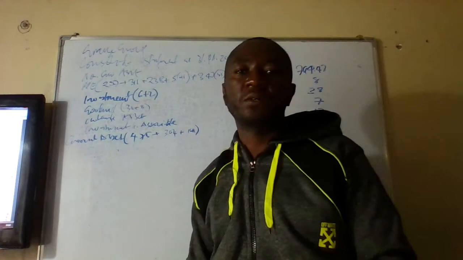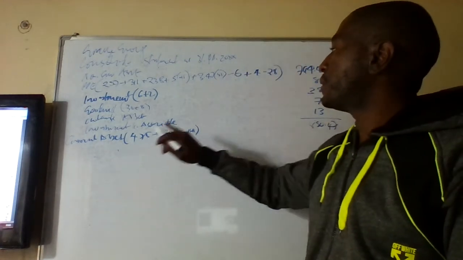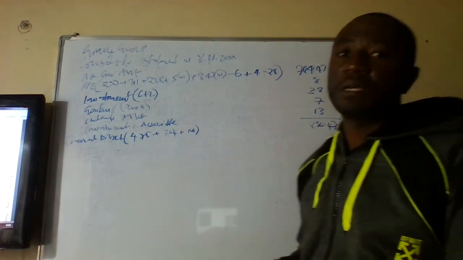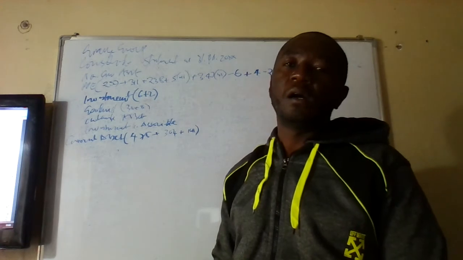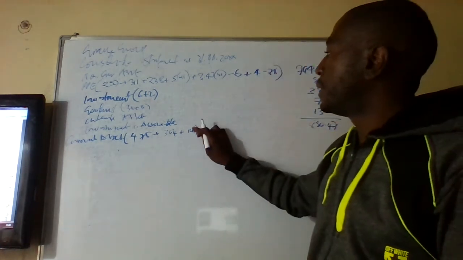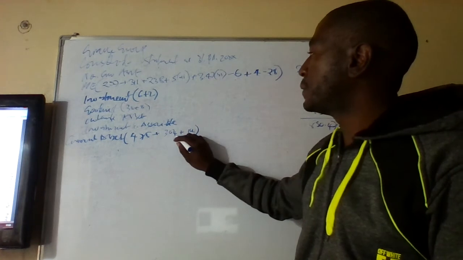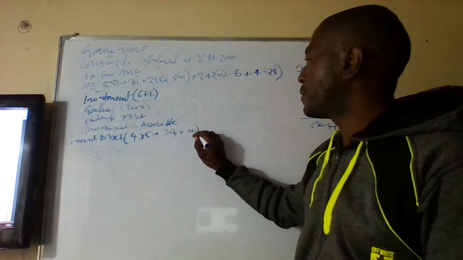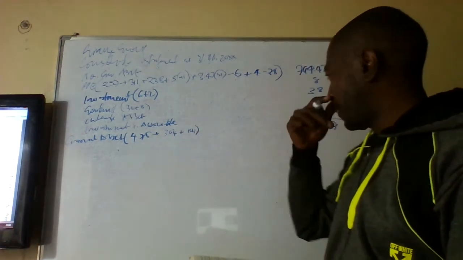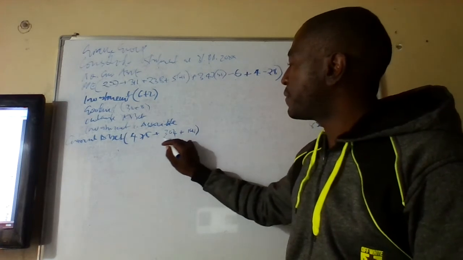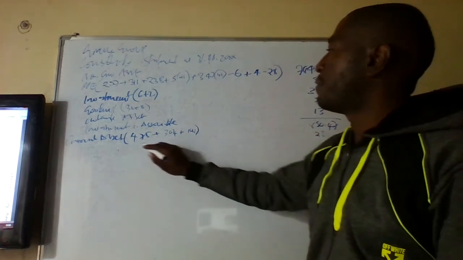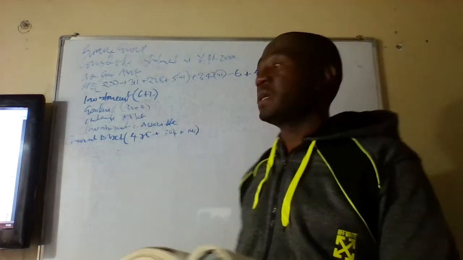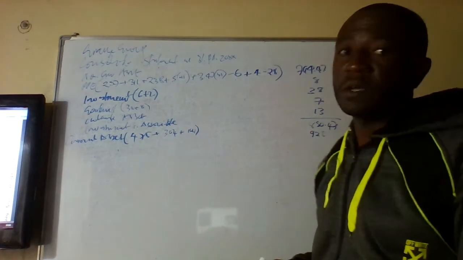So that when you add the total, it should give you 920. Those are your current assets.